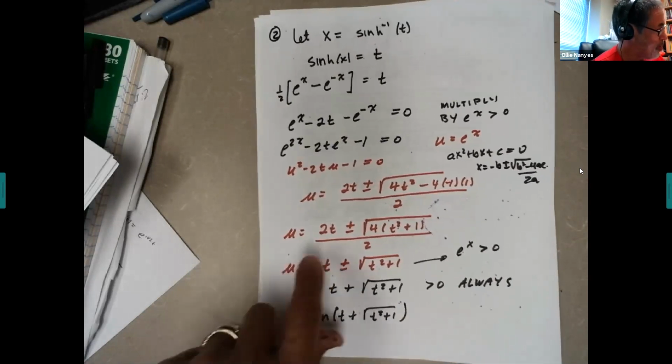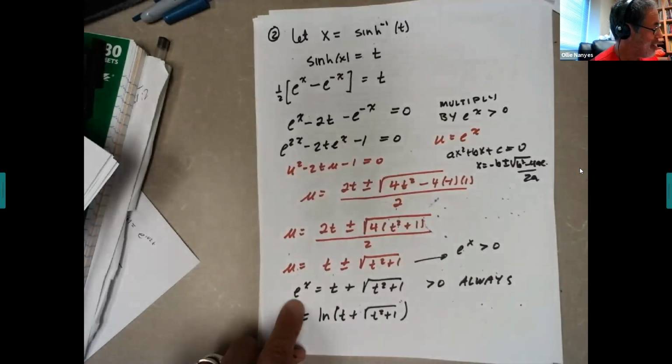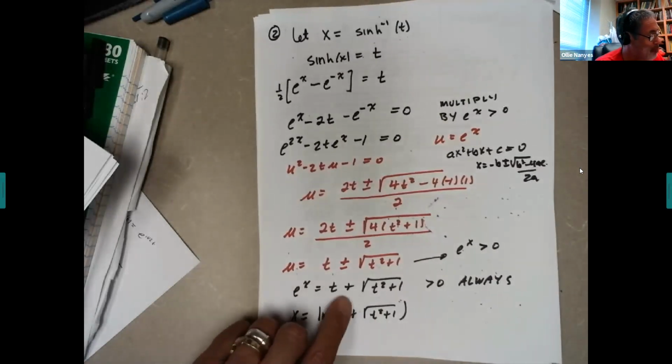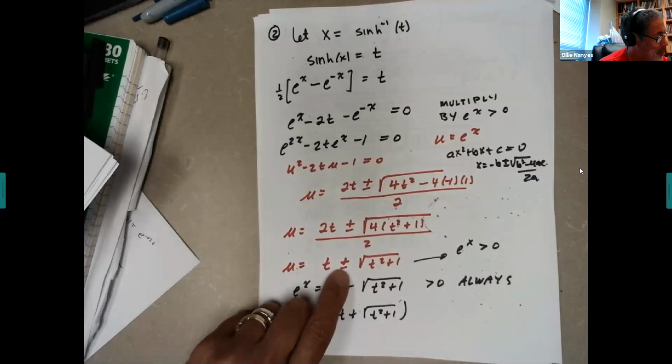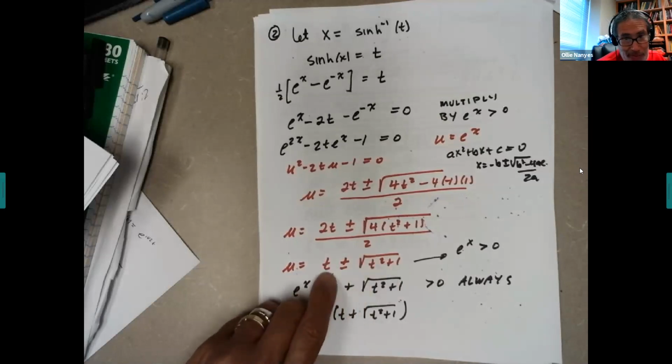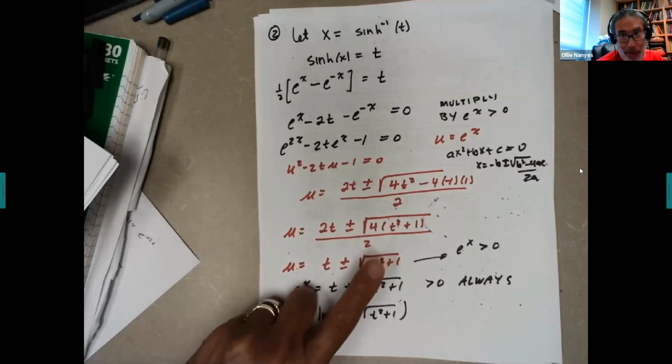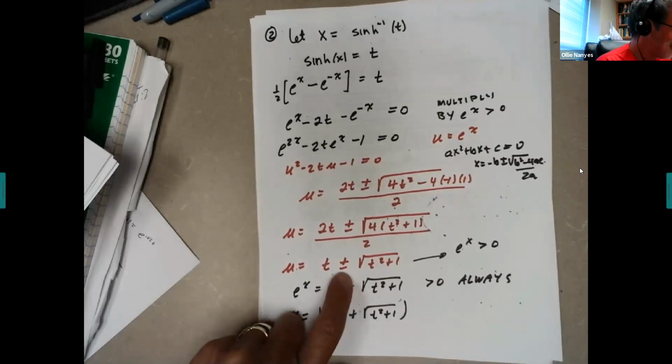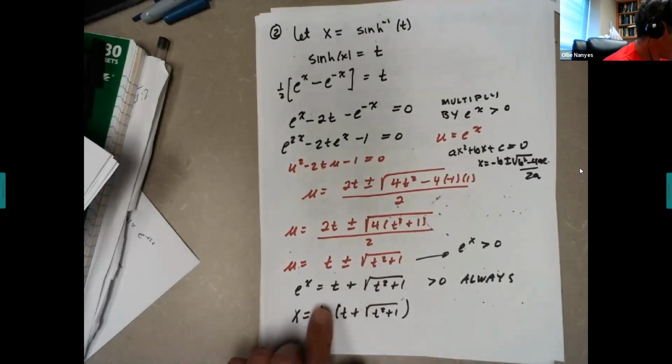But remember, the u was originally e to the x. And since that's positive, we want the positive part right here. Because if you subtract this, this will be negative, and you might think about why. Think of the magnitude of the square root of t squared plus 1 compared to t. This magnitude will always be bigger, so you can't subtract it and get something positive.